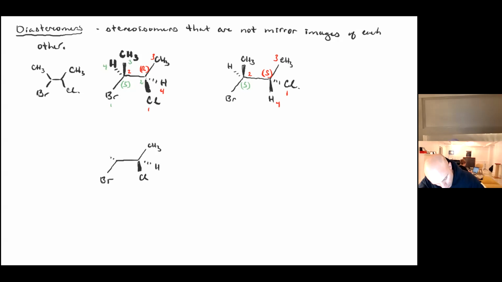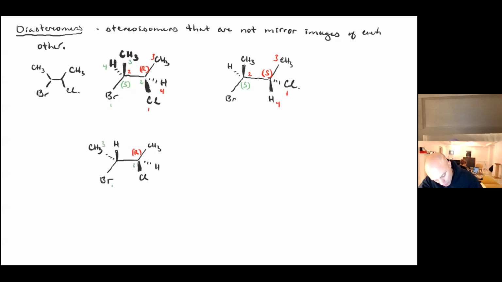So I'll leave the bromine where it is. Now the hydrogen's coming forward, the methyl group's going back. Okay. Nothing has changed on the right side, so the configuration there is still R. Okay. And the configuration on the left should change from S to R, but again, we can work through that.